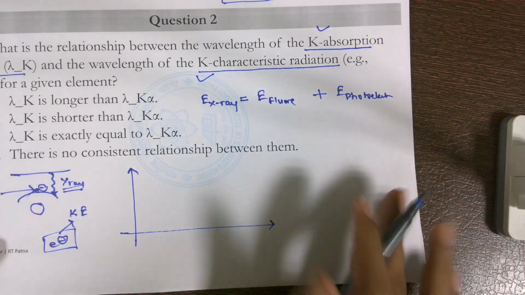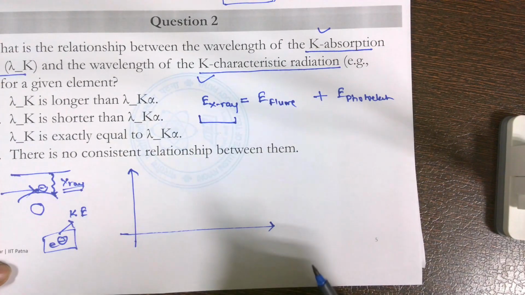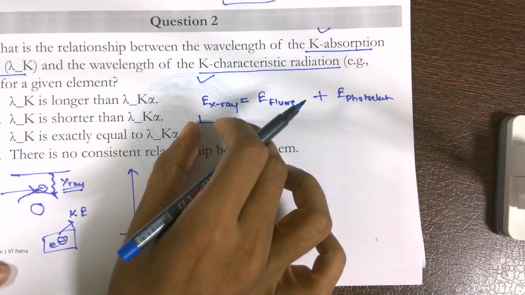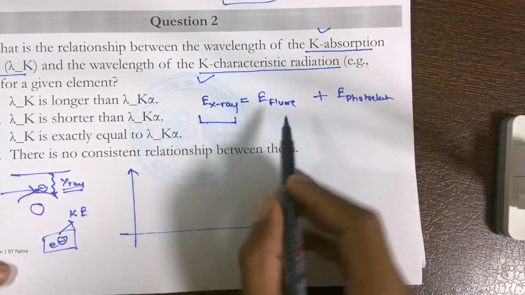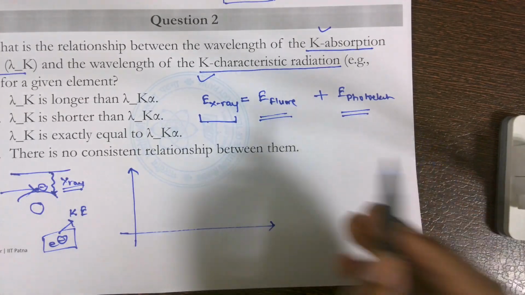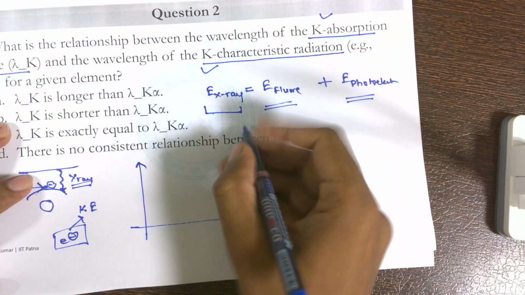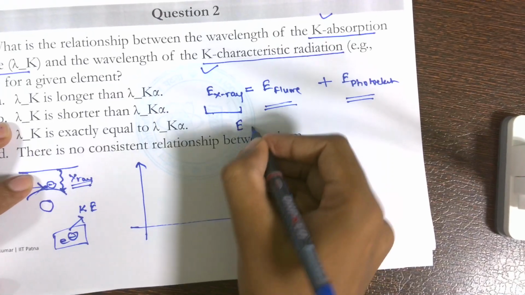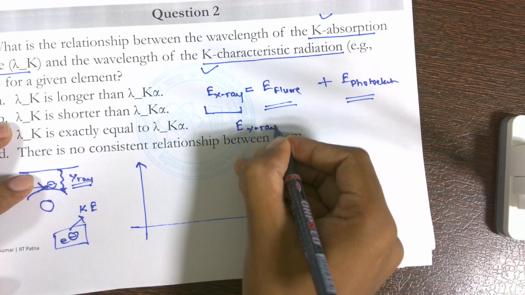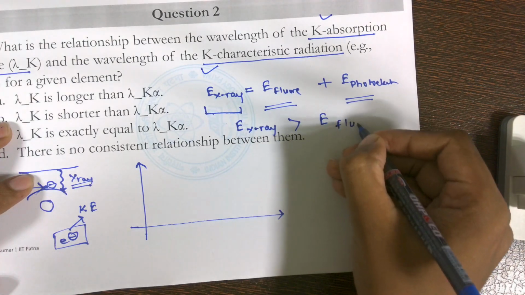Right. So this is the amount of energy which is absorbed in causing these two effects. So can I write that E X-ray will be greater than the energy required for the fluorescence phenomena?